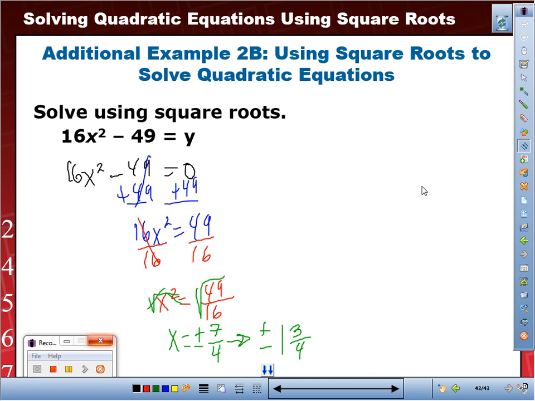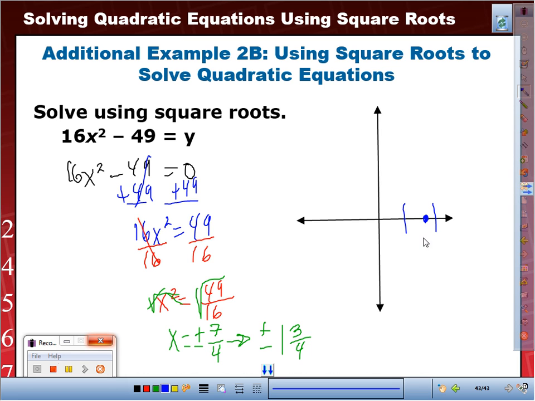Okay, let's graph it. 1 and 3/4 is about right here, and negative 1 and 3/4 is about right here.